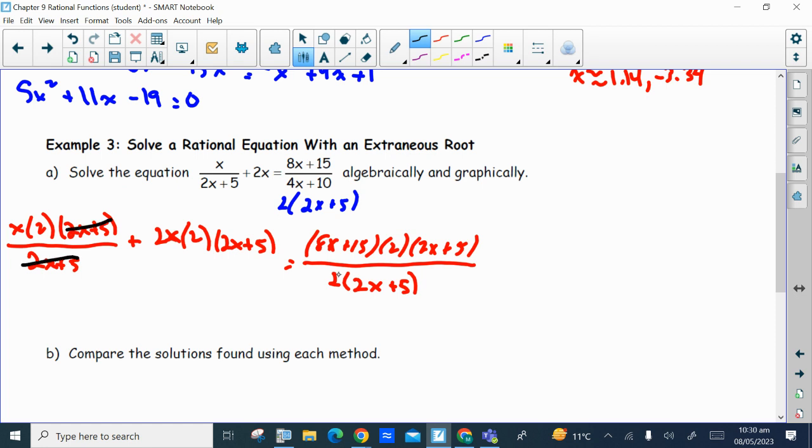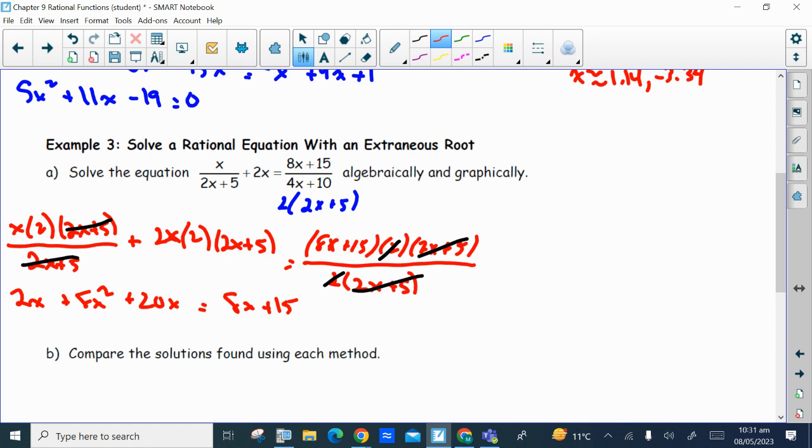And the whole point of doing that is so that we can cancel factors that are the same on both the top and bottom. So x times 2 is 2x plus 4x times 2x is 8x squared. 4x times 5 is plus 20x. And on the right side, we're just left with 8x plus 15.